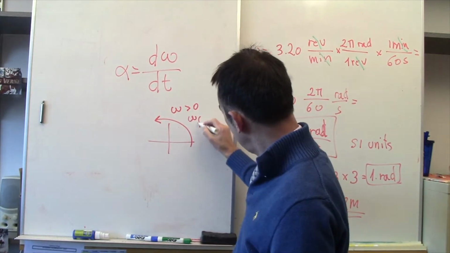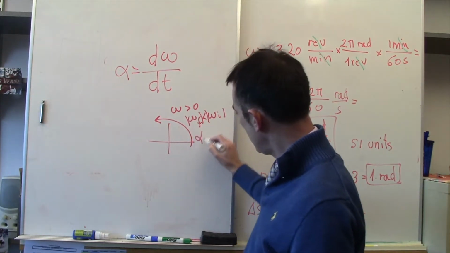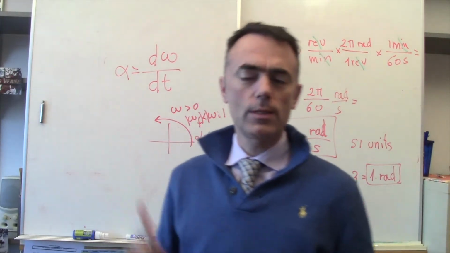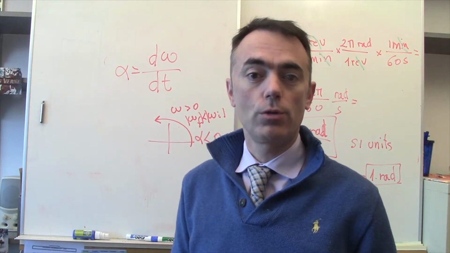If omega final is smaller than omega initial in magnitude, then the angular acceleration could be negative. So be careful with the sign criteria when you're working with angular motion.